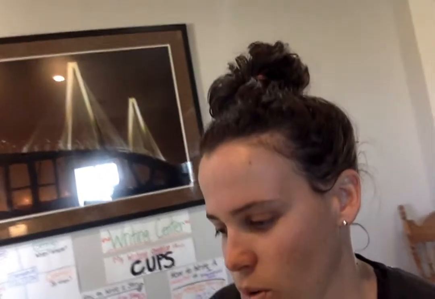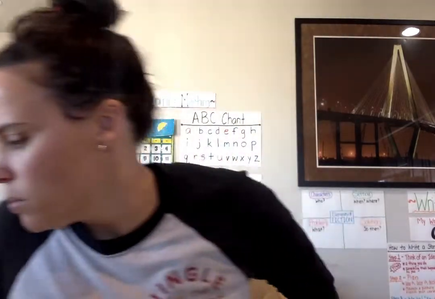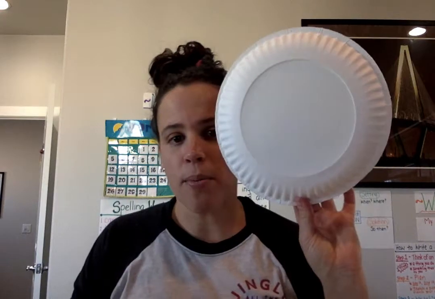Now that we know that, we're going to do our fun little project. What you need for this project, you need paper. Any kind of paper, construction paper, lined paper, doesn't matter. You need a paper plate.